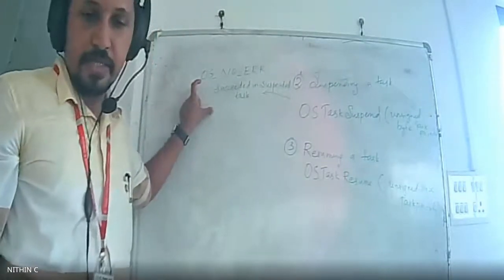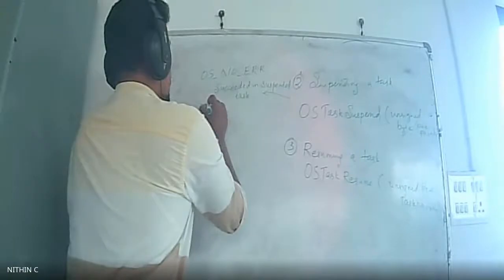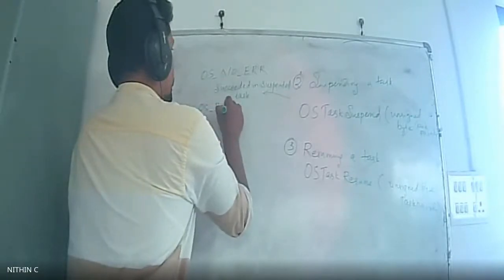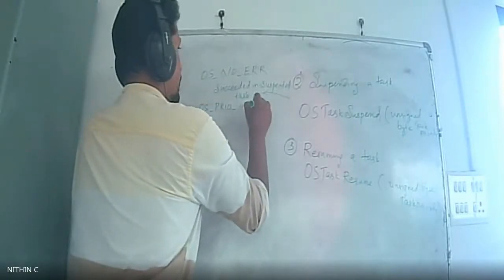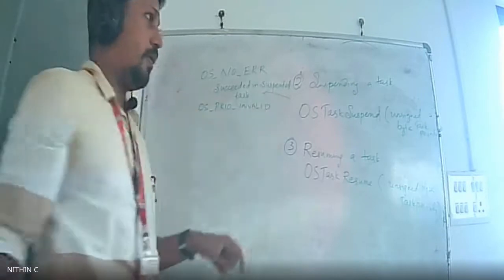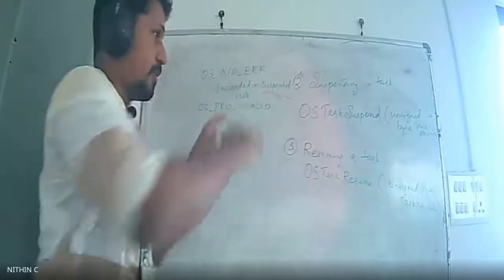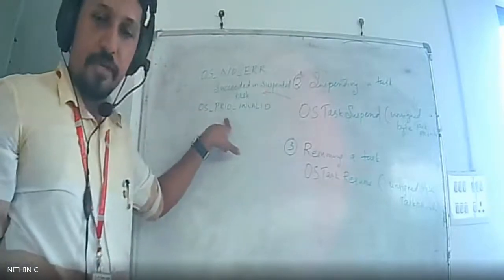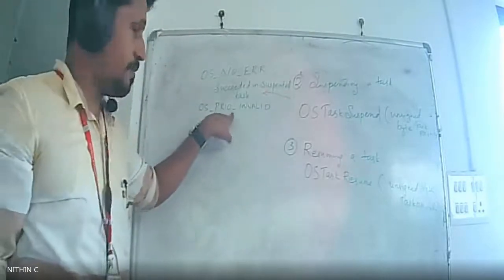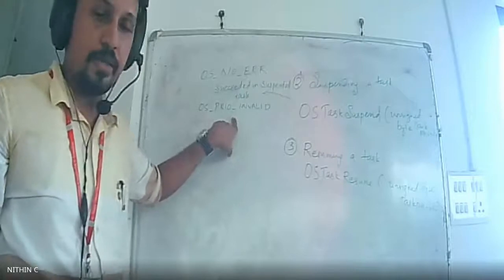Okay, that is the first message. And then there is another message, that is OS prio invalid. I am telling about this particular function, OS task suspend. That is another display message that you will get.